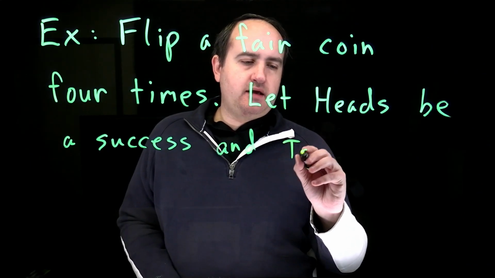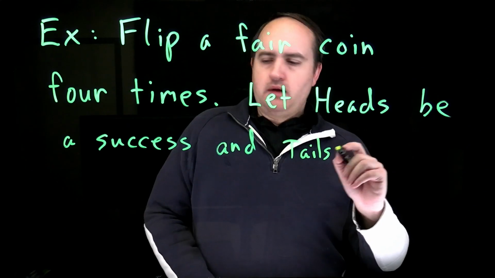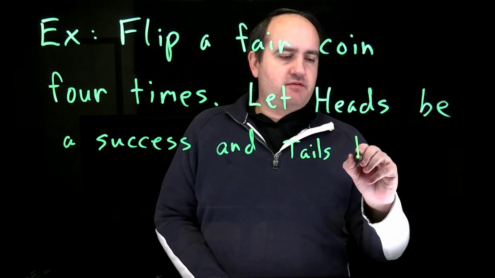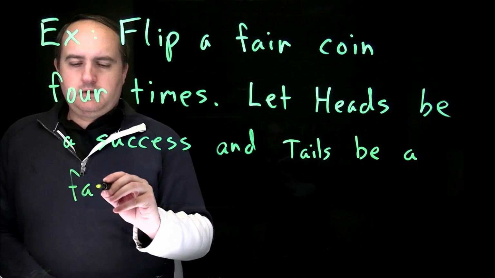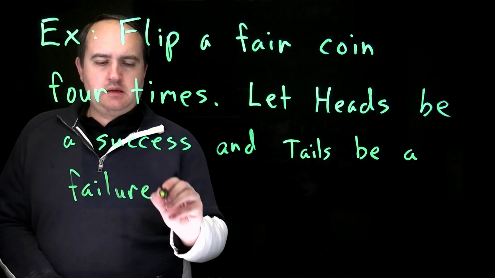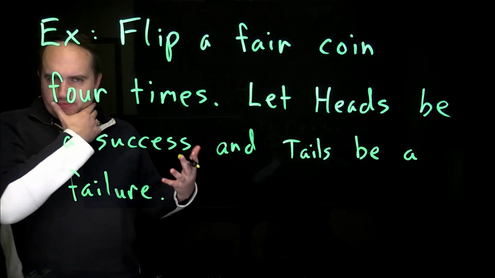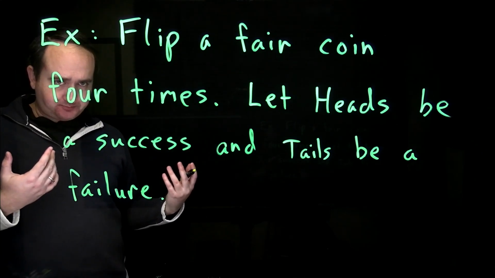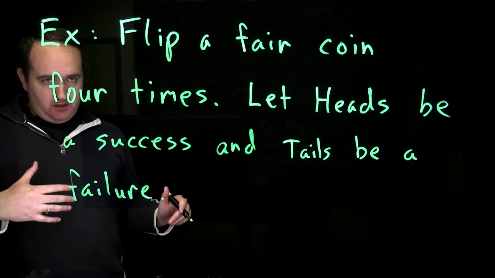Then we could say let heads be a success and tails be a failure. So this is just a real quick example that I'm inventing on the spot here as an example of a binomial probability distribution.